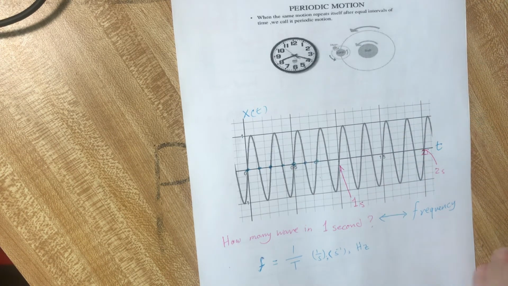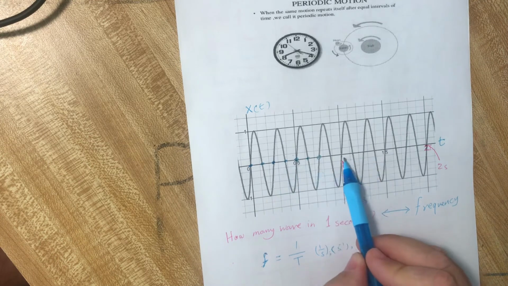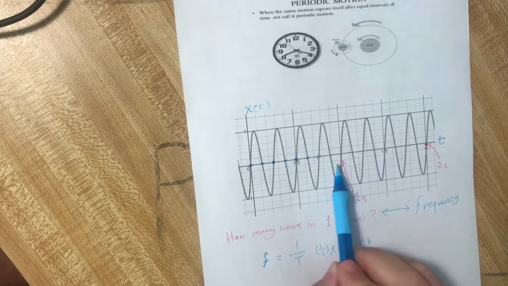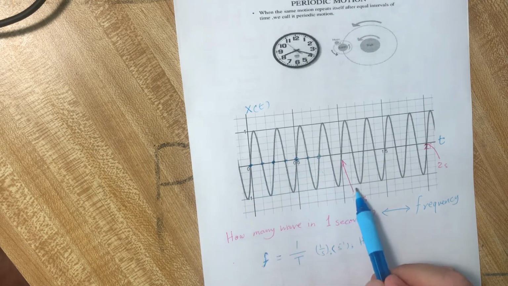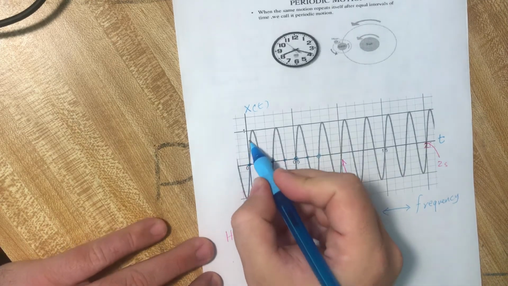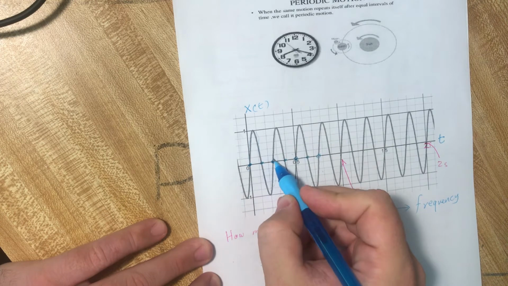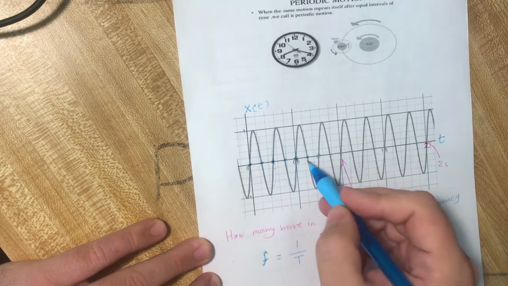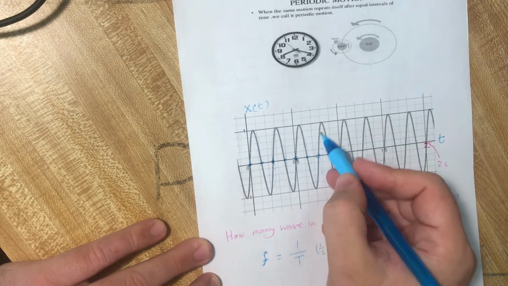So in 1 second, we have maybe 1 wave, 2 waves, 3 waves. For example, look at this wave system now. This is half, this is 1 second, 1.5. How many waves in each second? So we need to count them. 1, 2, 3, 4.